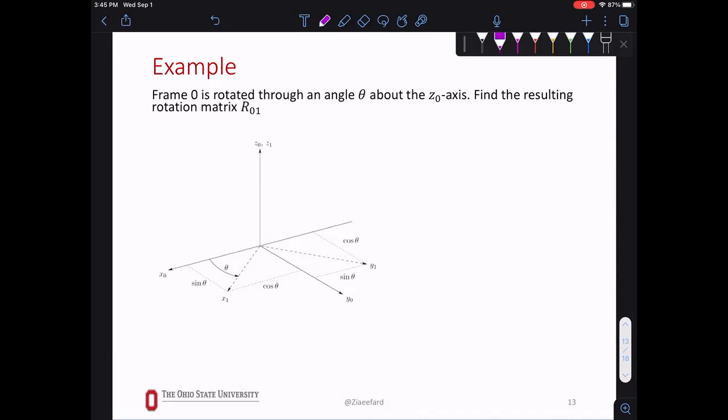So I guess those are, this is y0, so this frame rotated to the new frame. I'm going to show the new frame before me.